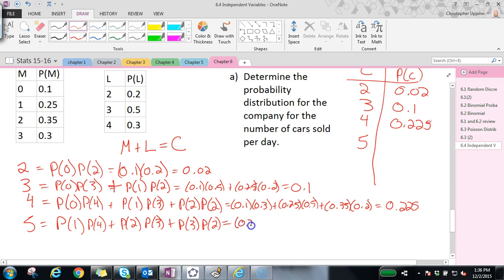So that's 0.25 times 0.3, 0.25 times 0.5, and 0.3 times 0.2. And when we add all of that up, we get 0.31.